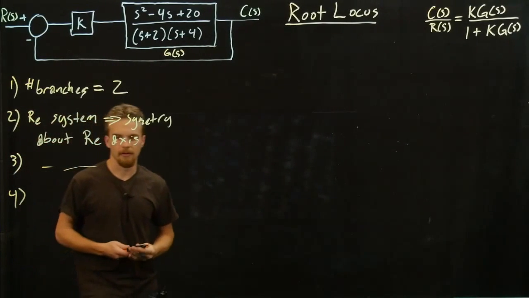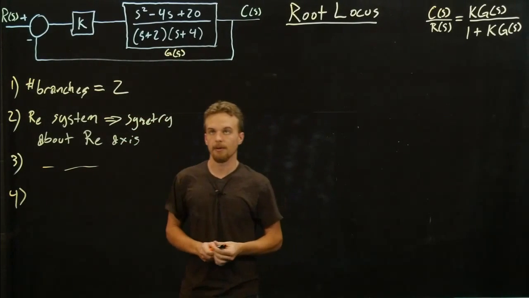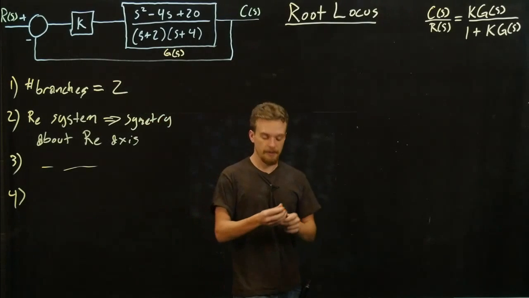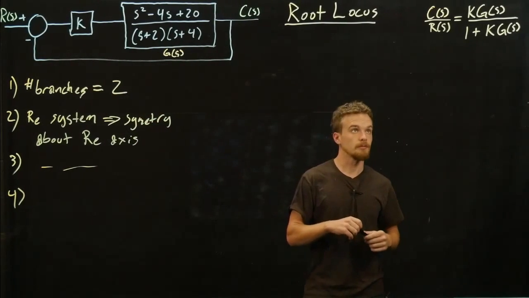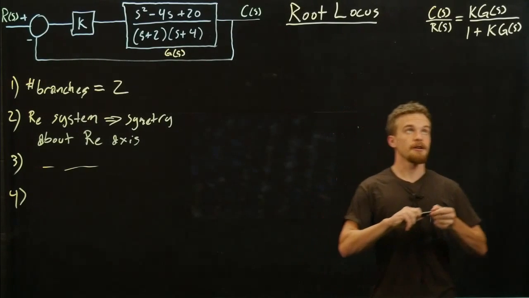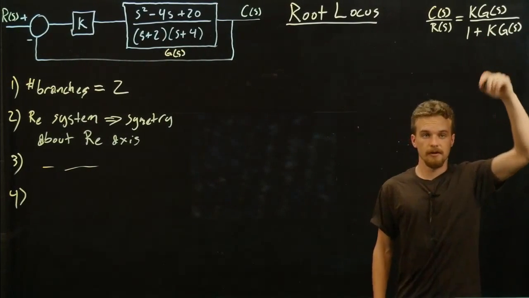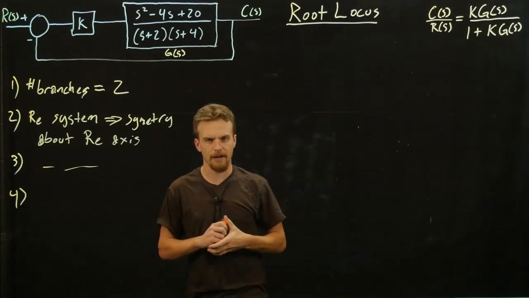What's the fourth rule? Maybe this rule should have gone before the last one because it kind of explains what the poles and zeros are. The root locus begins. Ultimately, with the root locus, we're sketching what happens to the poles of this system as we vary k from 0 to infinity. So we'll see the values of the poles for all values of k.